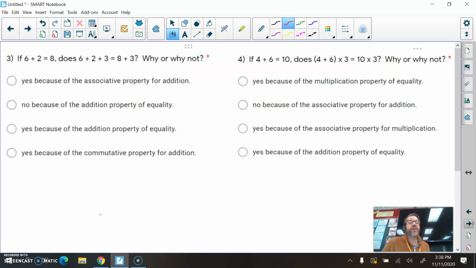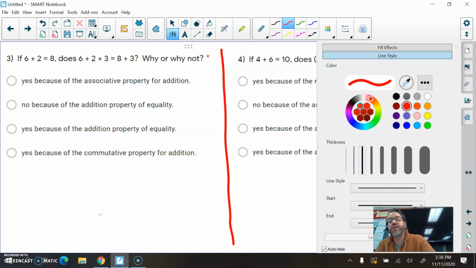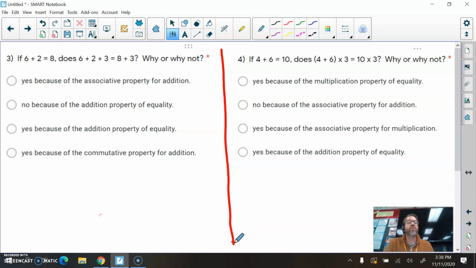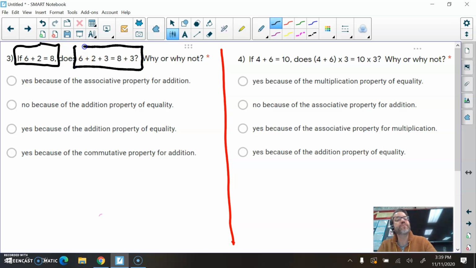All right, number 3. If 6 plus 2 equals 8, does 6 plus 2 plus 3 equal 8 plus 3? Well, what you could do is put a box around this and put a box around this here as well.